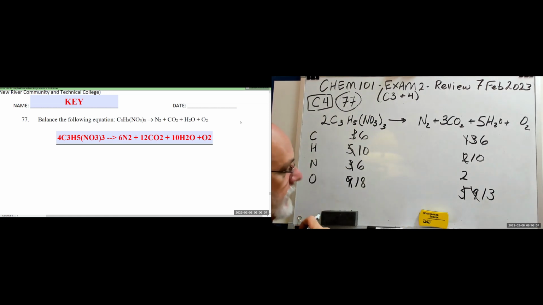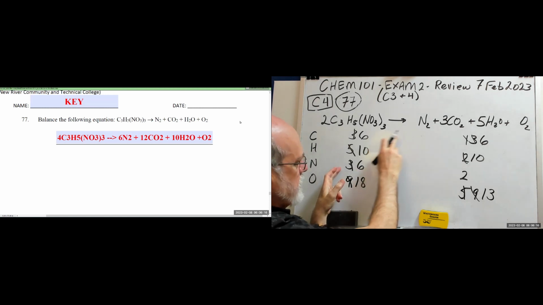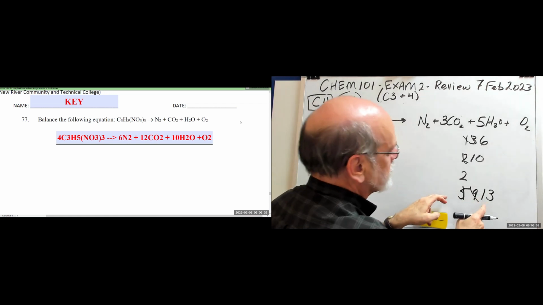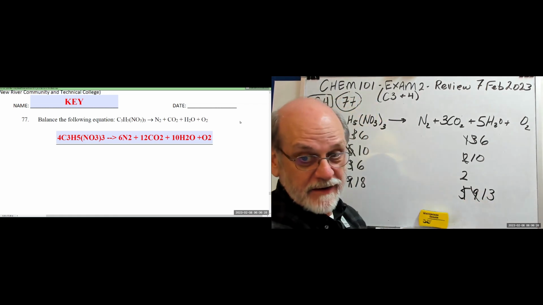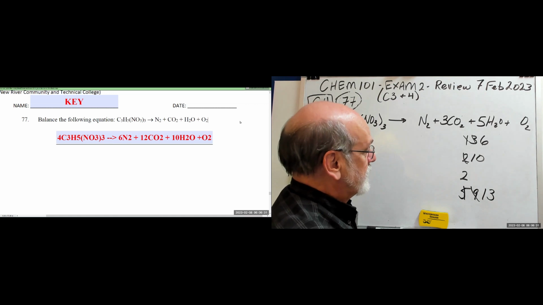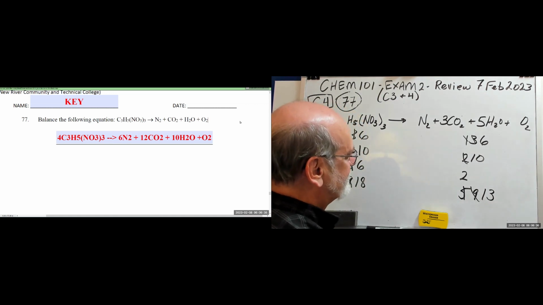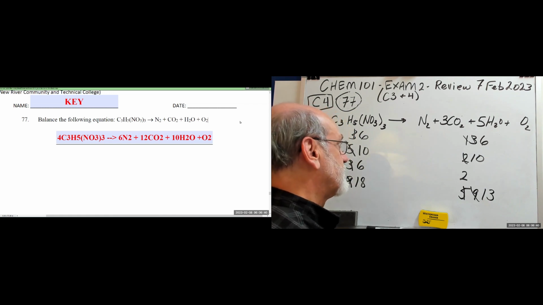All right. Let me see. We've got 18 oxygens over here. We need 18 over here. So how are we going to get 18 oxygens out of that?